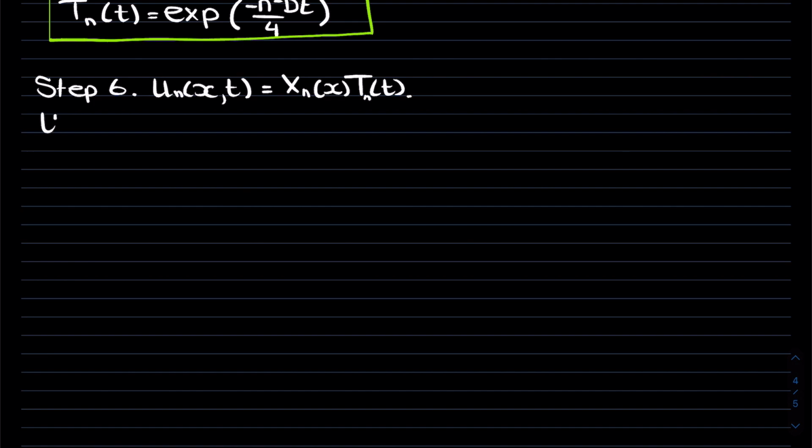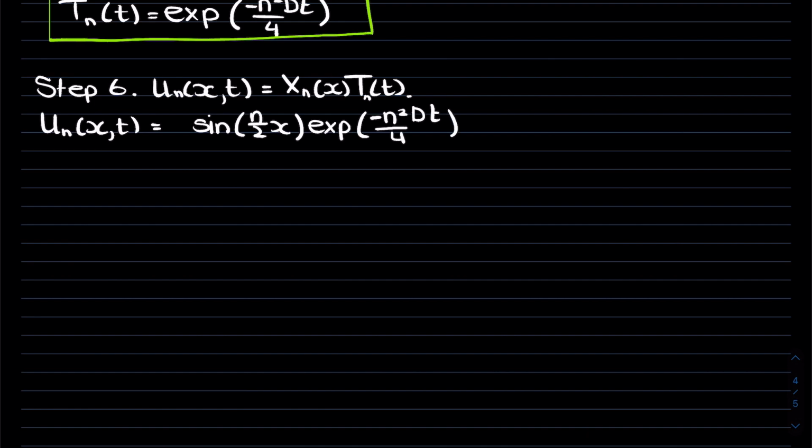So our u of n x of t is just going to equal sine n over 2x exponential minus n squared dt over 4, and that is for n equals 1, 2, etc., etc. And I'm also going to throw in a constant here, which I'm just going to call an, but you can call whatever you want.